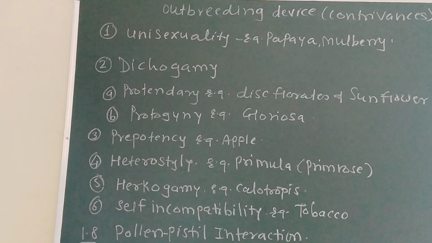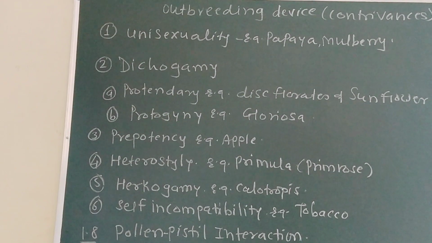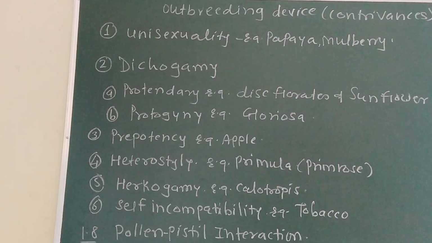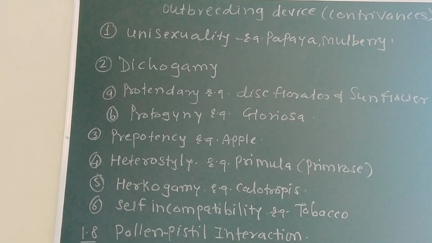Pollination does not guarantee the transfer of the right type of pollen. Wrong pollen grains also land on the stigma. The pistil has the ability to recognize and accept the right, compatible pollen of the same species.